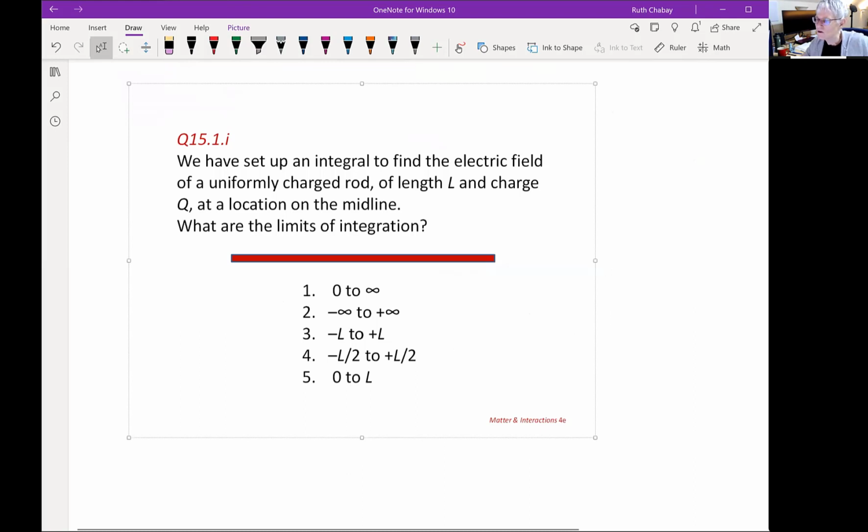In order to answer this, you have to think about what the integration variable is and what values it's going to take on in this integral.